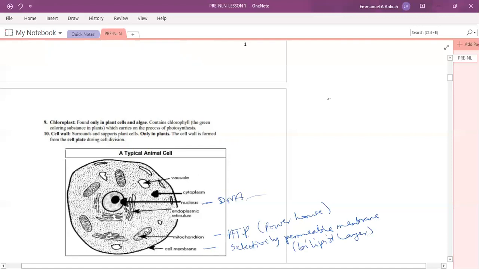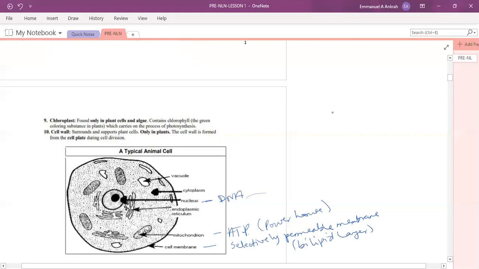If you remember from your class, it drew this diagram like this for you. You have the head and the tail. This is a phospholipid, which has a head and a tail.